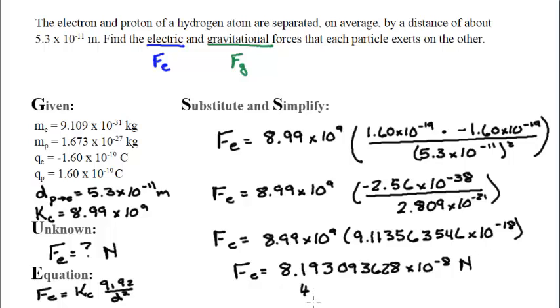So if I write that nicely, it's going to be 8.19 times 10 to the negative 8 newtons, or 8.19 e negative 8 newtons.